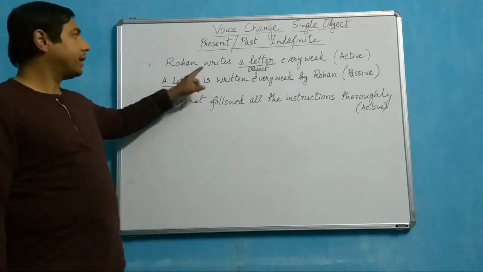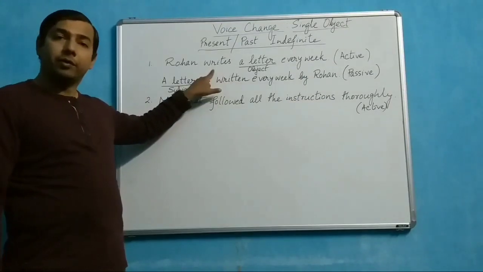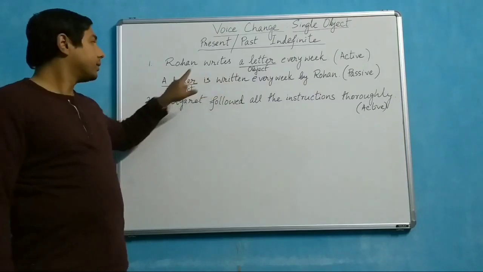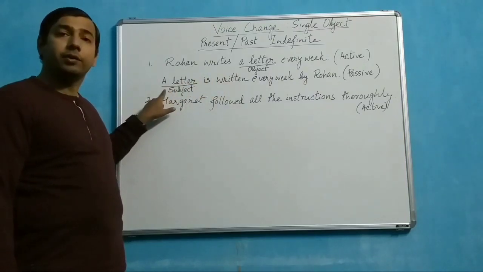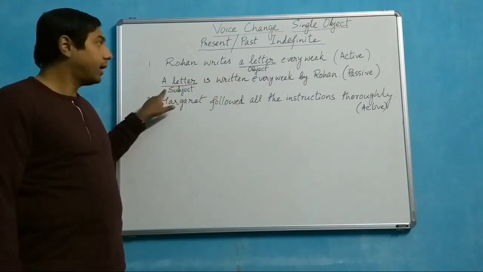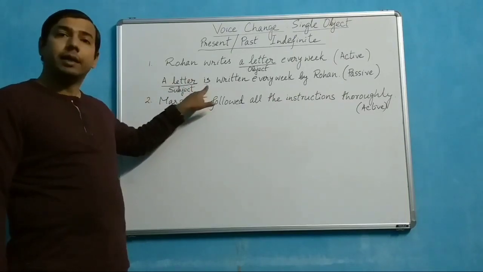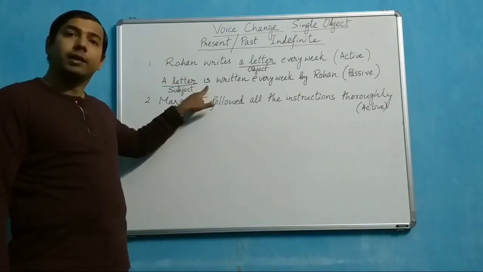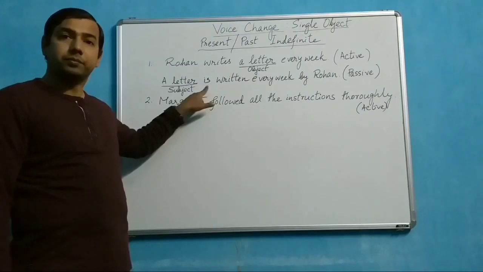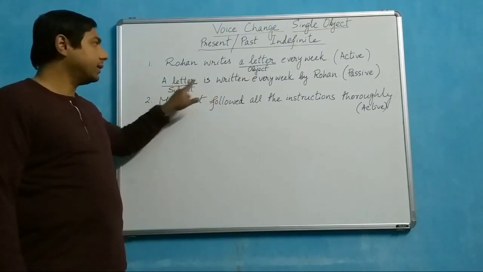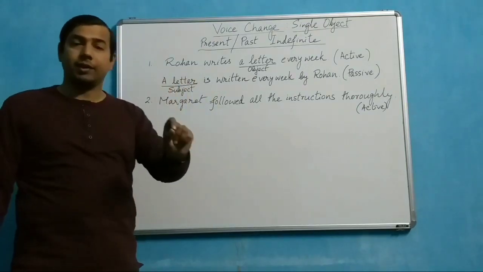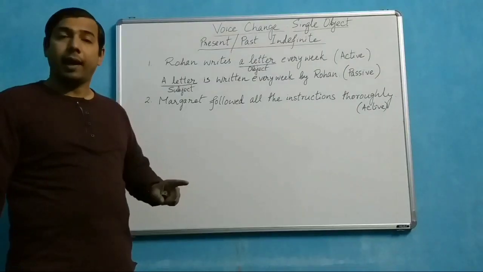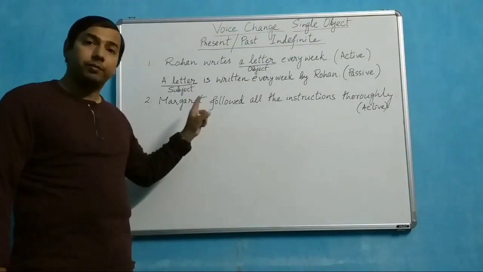That's why here we have present tense. The subject here is third person singular number, and the auxiliary verb is correctly chosen. A letter is. So the auxiliary verb comes into play and it should agree to the subject.